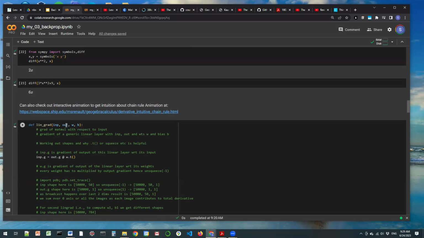What is the gradient of the output with respect to the input, which is stored in the input's gradient attribute? So that's input.g.